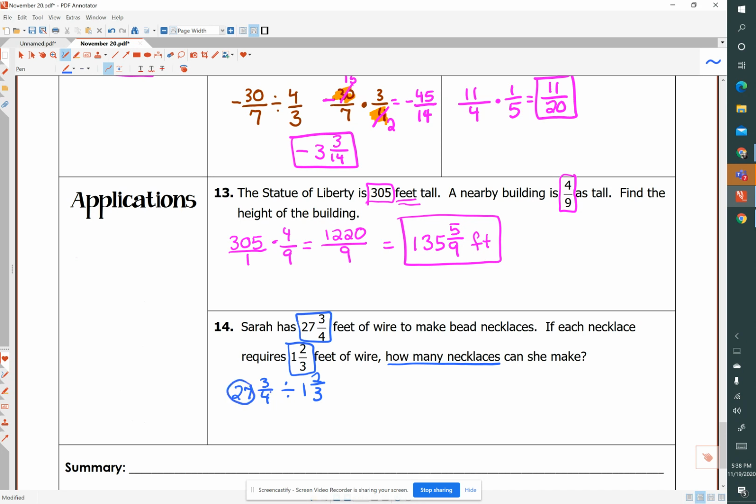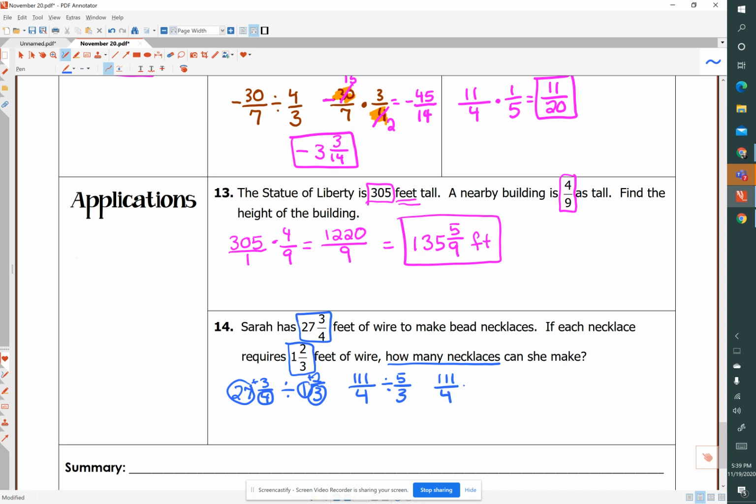So 27 times 4 is 108, plus 3 is 111. So that's 111 over 4, and you could use a calculator for that. 3 times 1 is 3, plus 2 is 5/3.